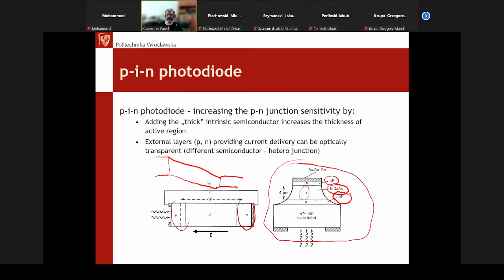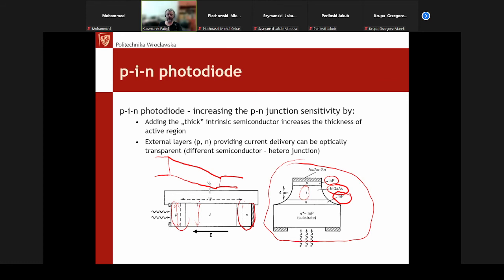It means for a certain wavelength bandwidth, they are just transparent. So in such a way we are avoiding creating electron hole pairs in these layers. Only in the intrinsic layer can the electron hole pair be created.